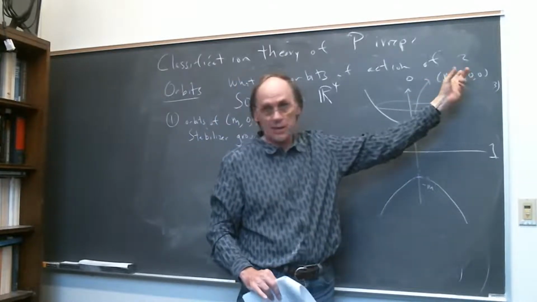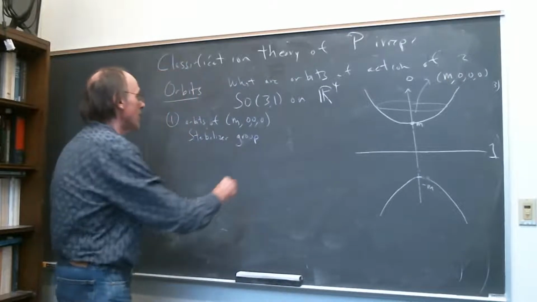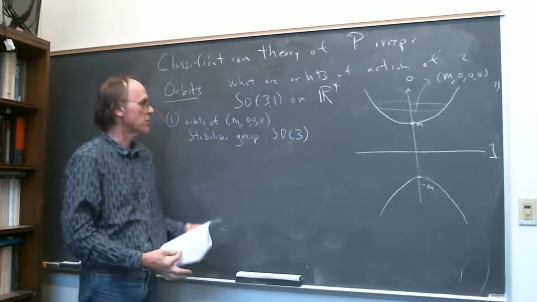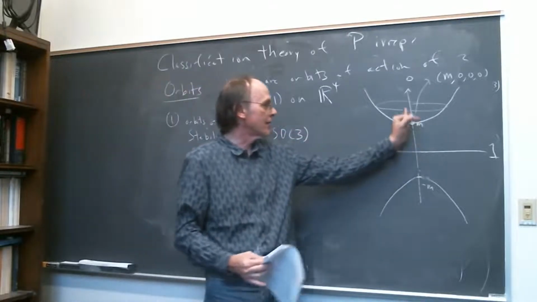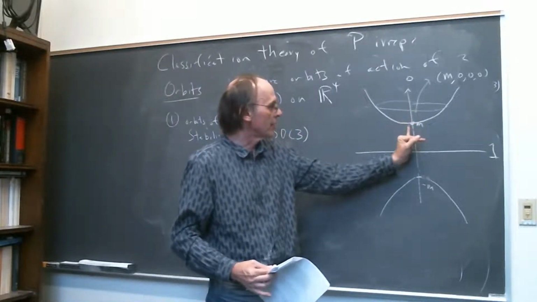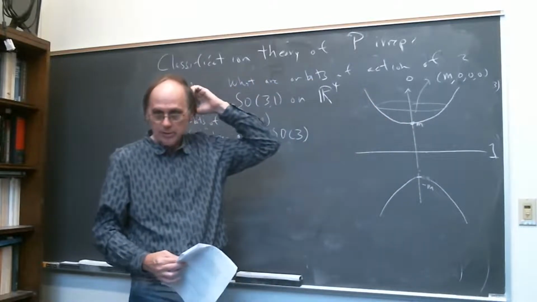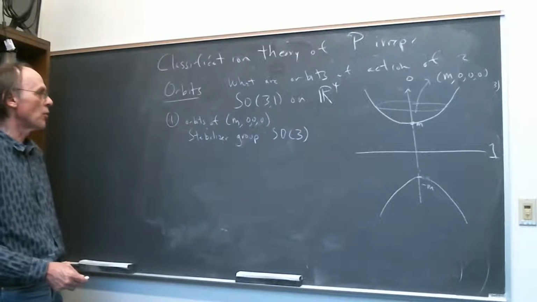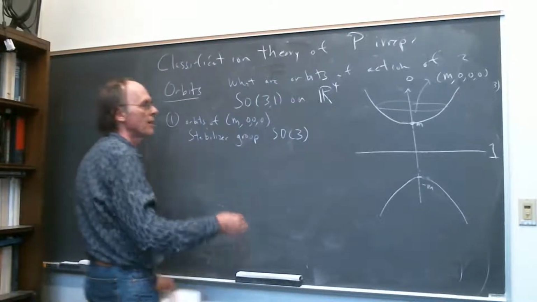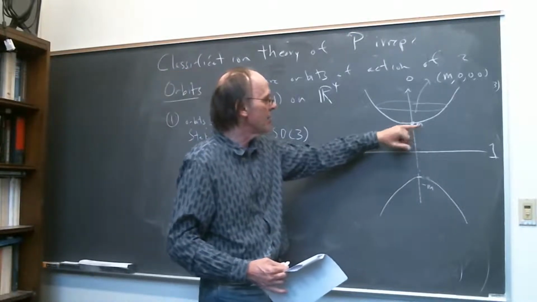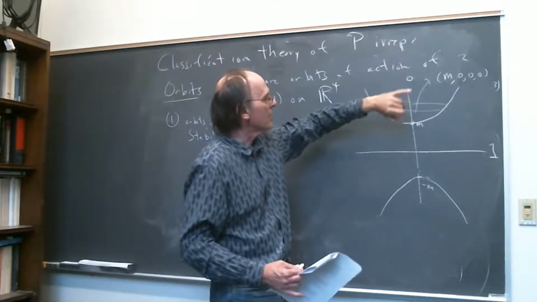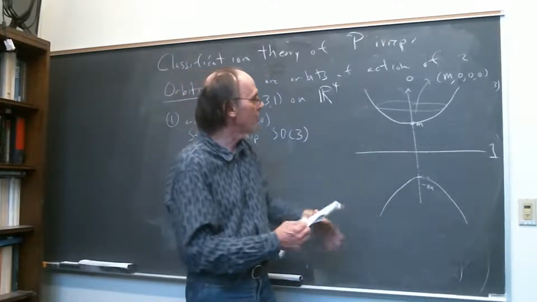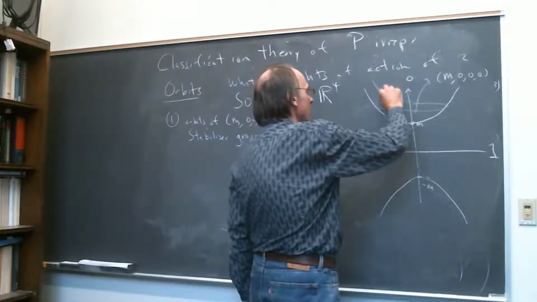Well, it's going to be exactly those rotations. It's going to be SO3. So the actual rotations leave the time direction alone. They don't do anything in the time direction. And so, this m is really kind of the analog of the radius of the sphere. So you can have different values of m.